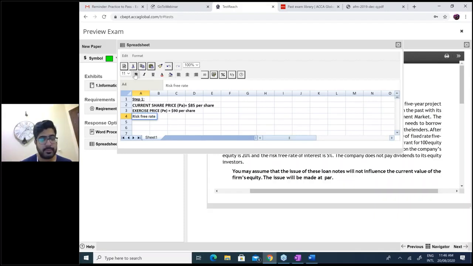The risk-free rate, that's R. What was the risk-free rate? 5%. Then volatility, standard deviation, that's S. It's 20%.